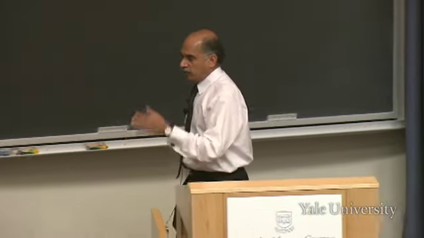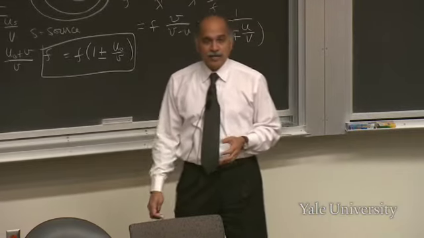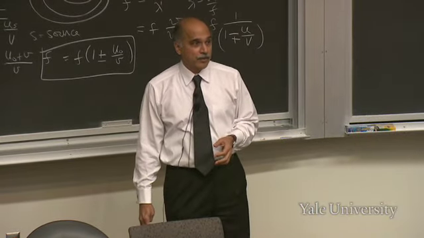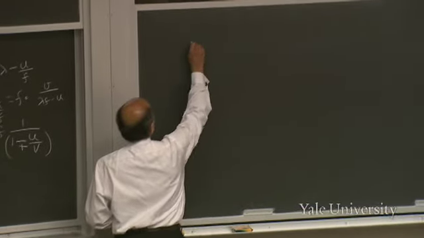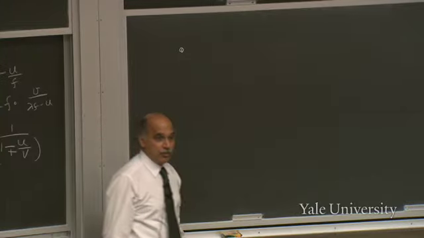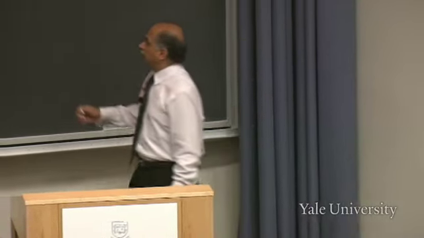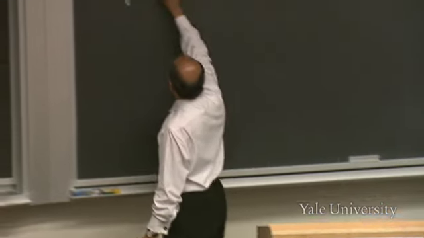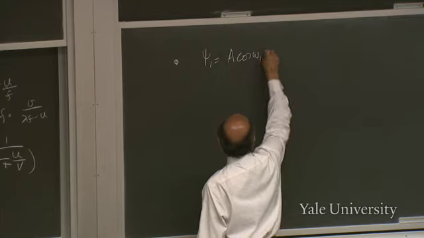So all I'm going to do from now till the end is take a variety of situations where I'm going to be adding two waves. The simplest problem is the following. Pick a certain spot. You just sit there and listen to two waves. So you're not going to look at the wave as a function of space. It's a function of time. Somebody is making the waves and sending them to you. The first wave looks like psi 1 equals a cos omega 1 t.